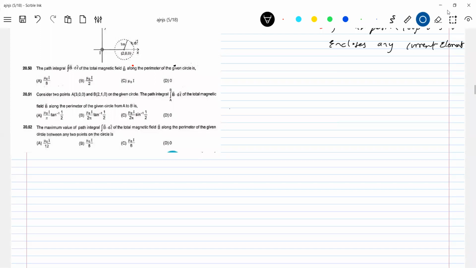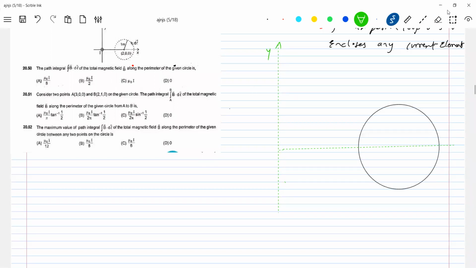Okay, this is this circle. Let this be the y-axis and x-axis. So this is the center of the loop. A will be here, and B will be here.